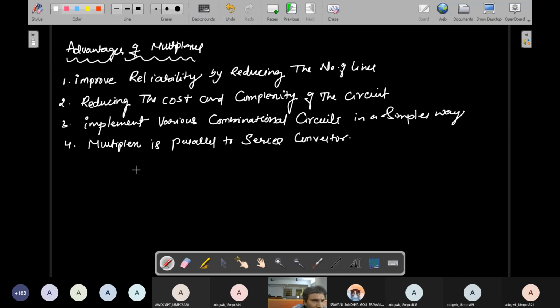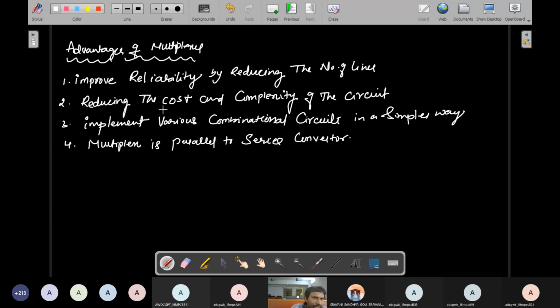So that is called reliability of reducing number of lines. That is in the case of output. So reliability is nothing but working capability. So the improvement of working capability by reducing the number of lines. Okay, this is the first point.